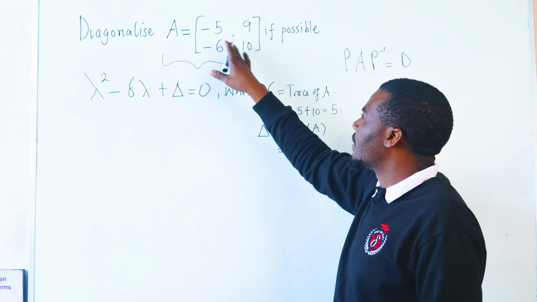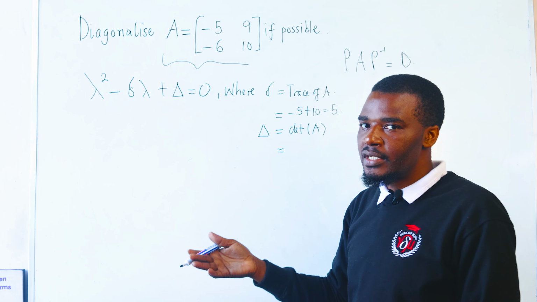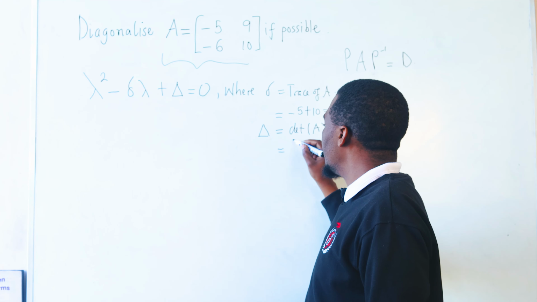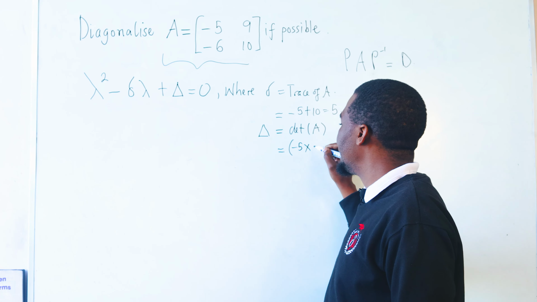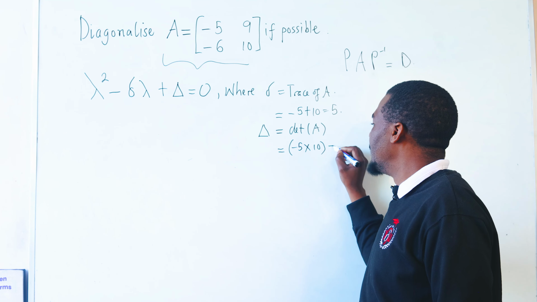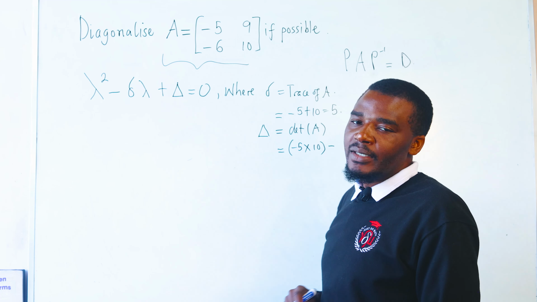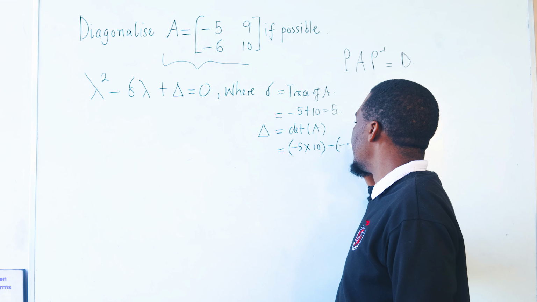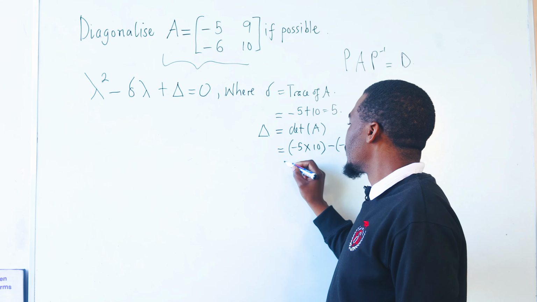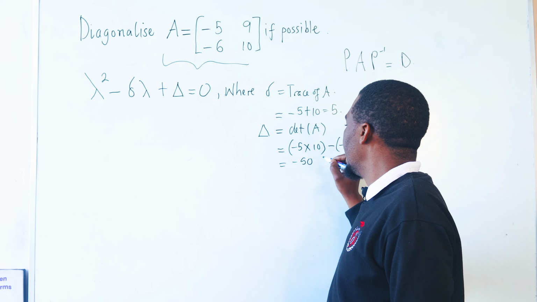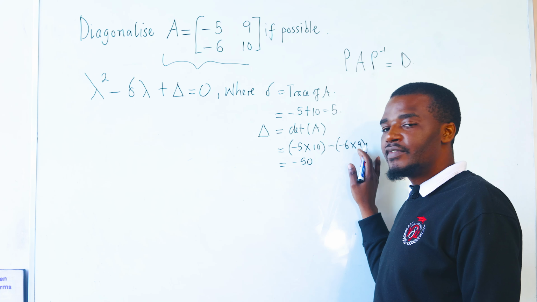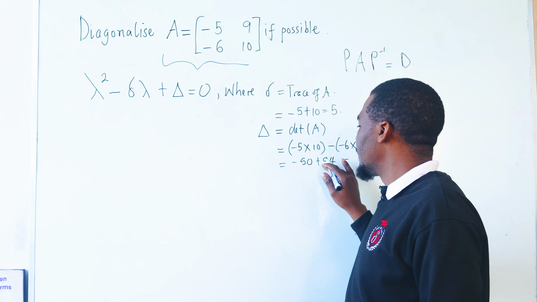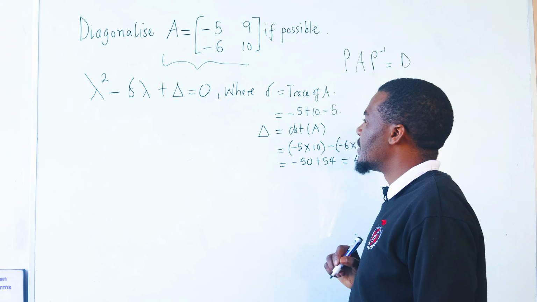Remember, to calculate the determinant of a 2 by 2 matrix, you multiply the elements of the leading diagonal, which gives us minus 5 times 10, minus the product of the elements in the other diagonal, minus 6 times 9. So this gives us minus 50, minus 6 times 9 is minus 54, and minus times minus gives plus 54. Ultimately, minus 50 plus 54 gives us positive 4.